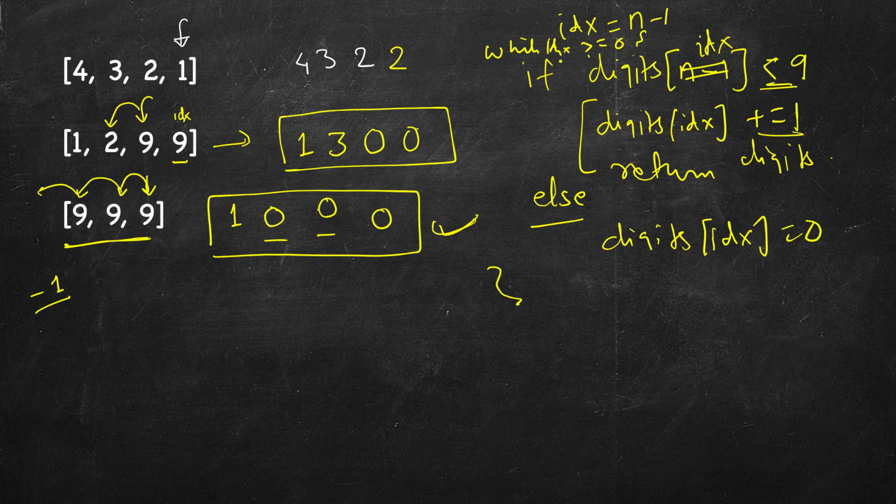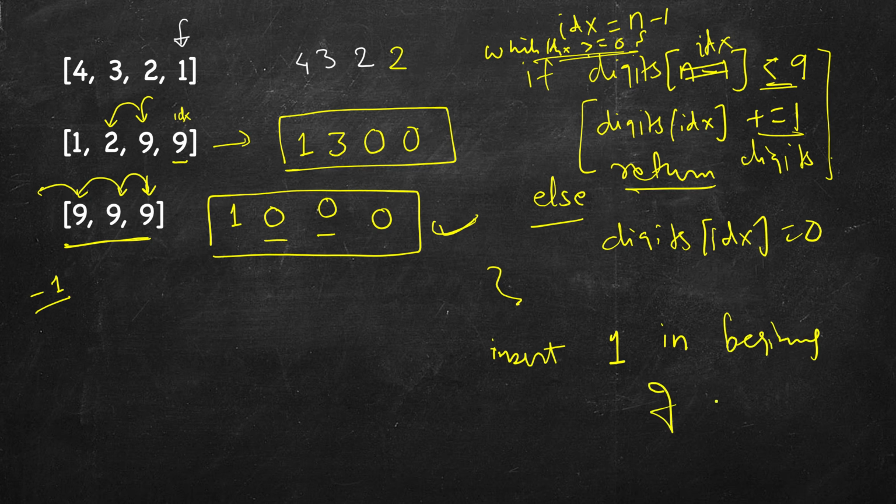But if it exits out of this loop, it did not encounter any such situation, that means it has reached 0, but till 0, starting from the end, it did not encounter a digit less than 9. That means all the digits were 9. In that case, we will insert 1 in the beginning of digits and then return the digits.